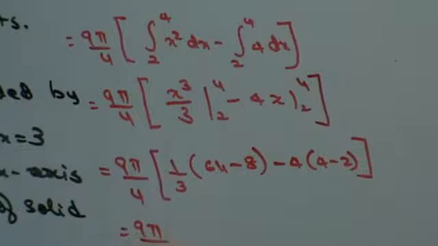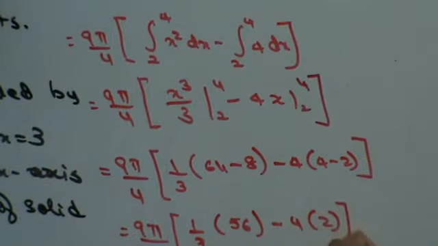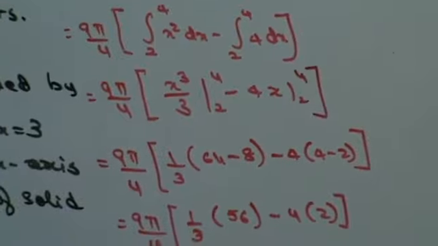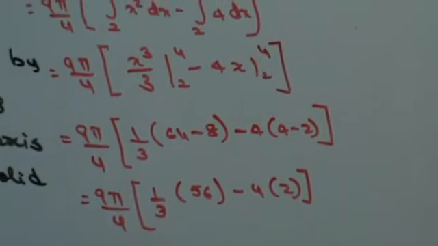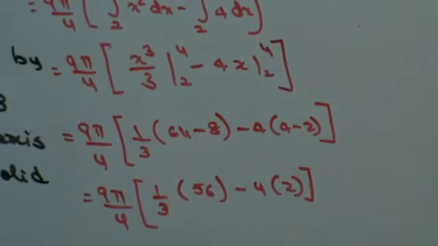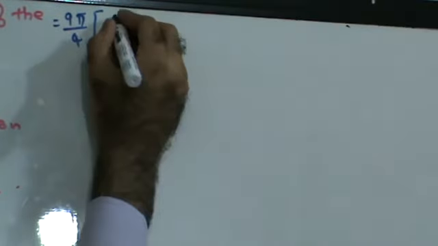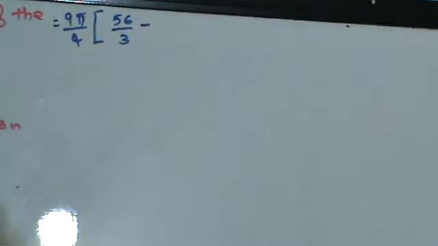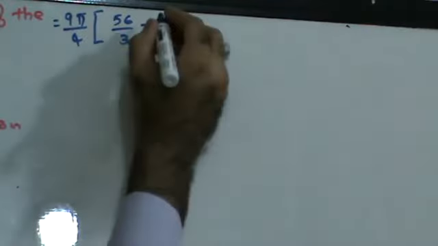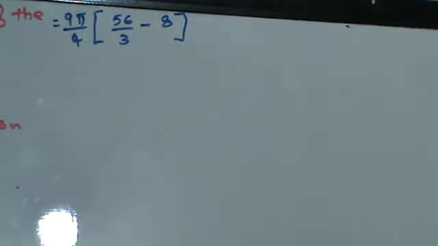So in that case, this is going to be 9 pi by 4 times 1 by 3 of 56, minus 4 into 2, right? This can be written as 9 pi by 4, this is 56 by 3 minus 8, right?